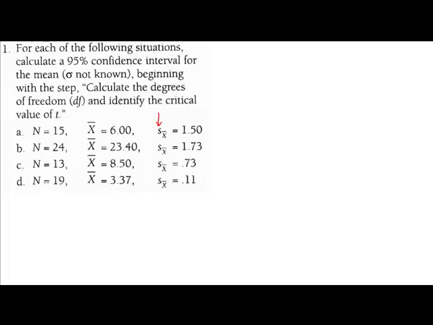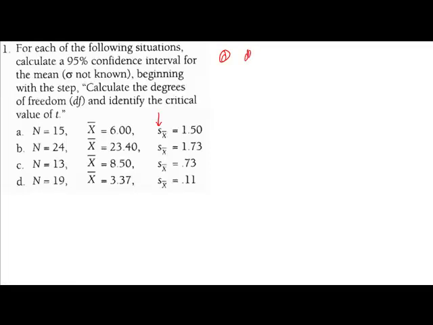N equals 15. If I'm going to calculate the degrees of freedom for A, degrees of freedom equals n minus 1. I have degrees of freedom equals 15 minus 1, 14 degrees of freedom. And identify the critical value of t.